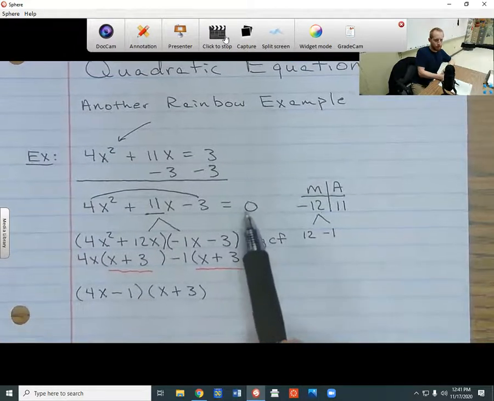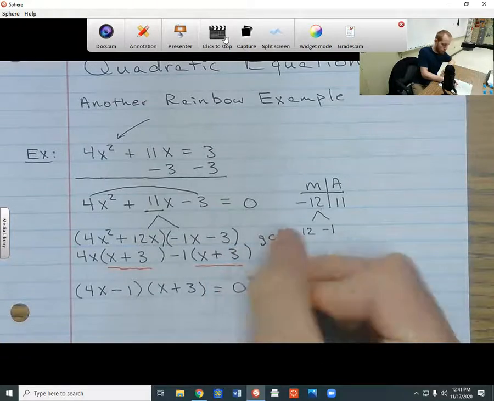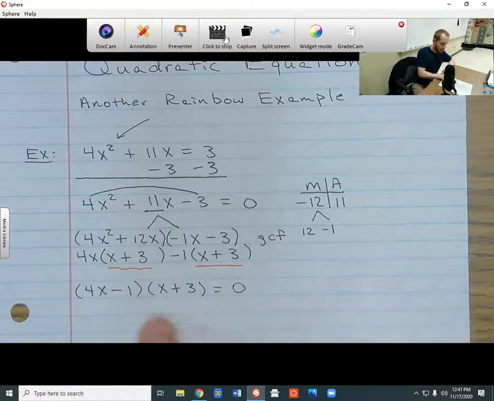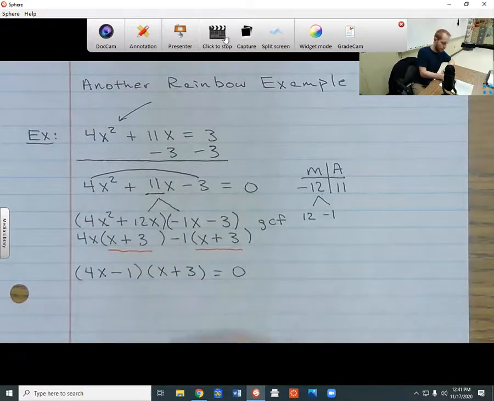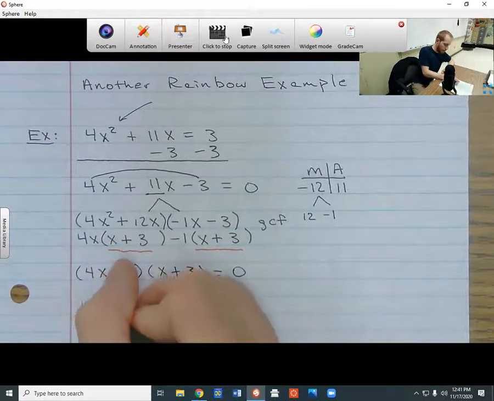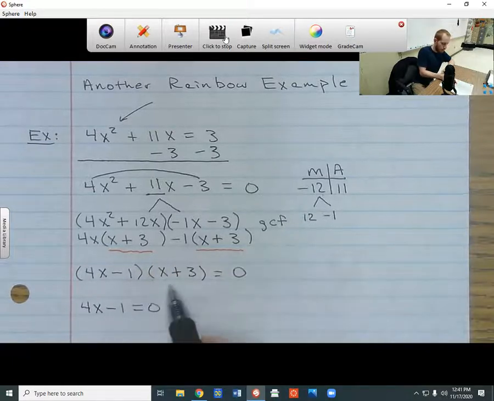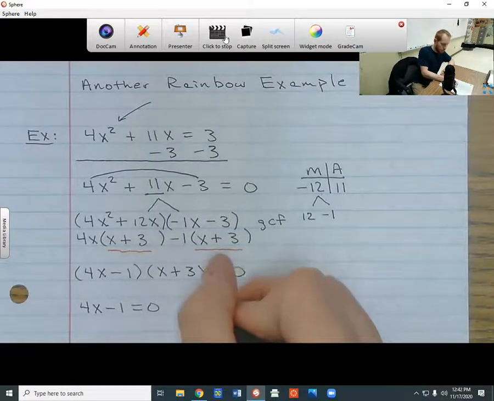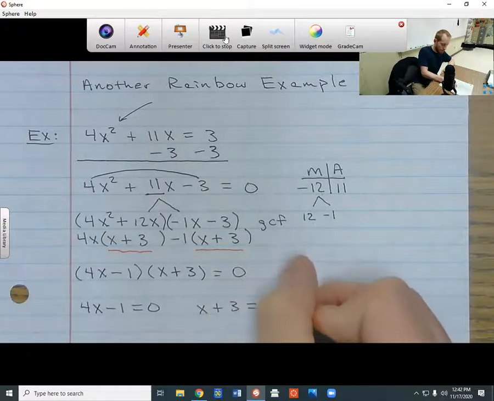Now, if I set both of these equal to 0, I'm going to have two different equations. I'm going to have 4x minus 1 is 0 over here, and then I'm going to have x plus 3 equals 0. So now with my two equations, I can solve them both for x. So let me go ahead and get a dividing line over here.